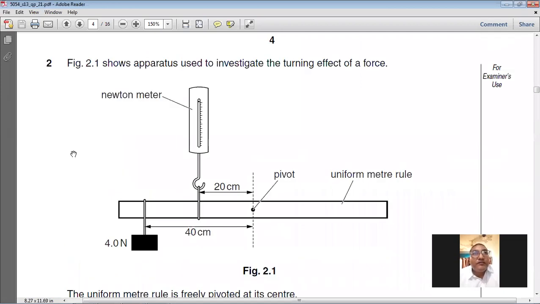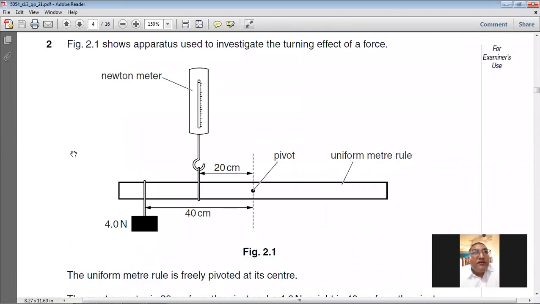Here we go. Figure 2.1 shows apparatus used to investigate the turning effect of a force. So here we have a uniform meter rule. It is pivoted at the center. And here a weight of 4 Newton is hung, and the distance from the pivot is 40 centimeter.